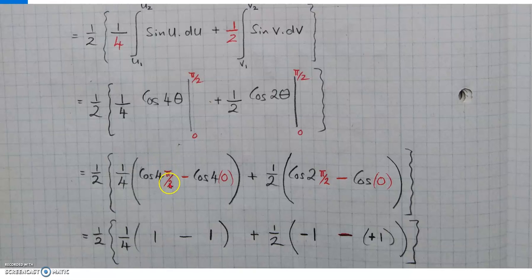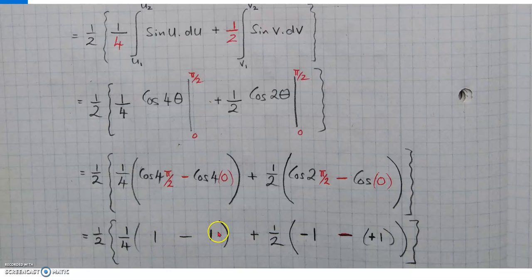This 2 divides into that 4, so you're really finding the cosine of 2 pi. Now the cosine of 2 pi is really positive 1. This 4 multiplies 0, so that's really the cosine of 0. Now the cosine of 0 is exactly the same as the cosine of 2 pi. That's also 1.